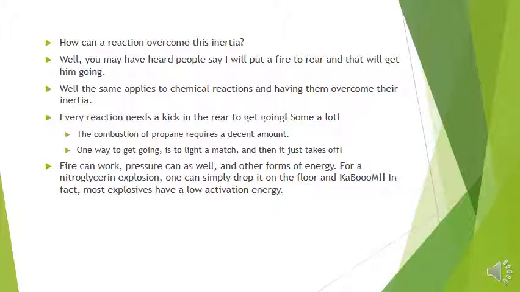You need to light a match, okay? While other chemical reactions don't hardly need anything. For instance, if you have some nitroglycerin, which can explode, you just have to drop it on the floor and it'll go boom. In fact, most explosives have a low activation energy.